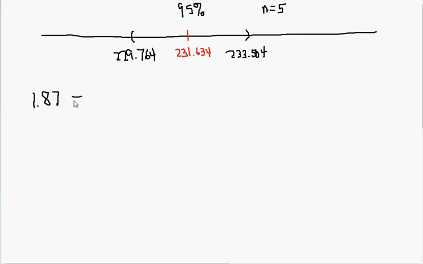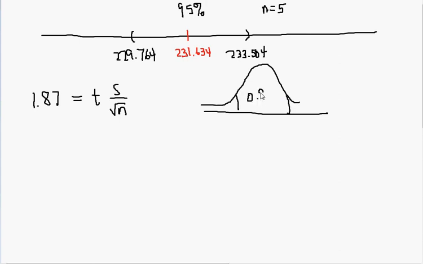Now the margin of error is also equal to the t statistic, the critical value from the t distribution, times s divided by the square root of n. Now this is a 95% confidence interval, so drawing the t distribution, 95% of the area is in the middle, so that means 2.5% lies in the left tail, and also 2.5% lies in the right tail.